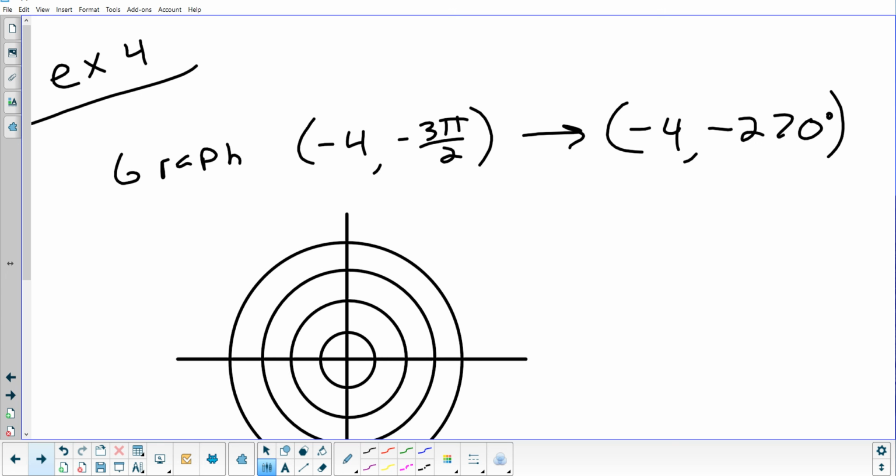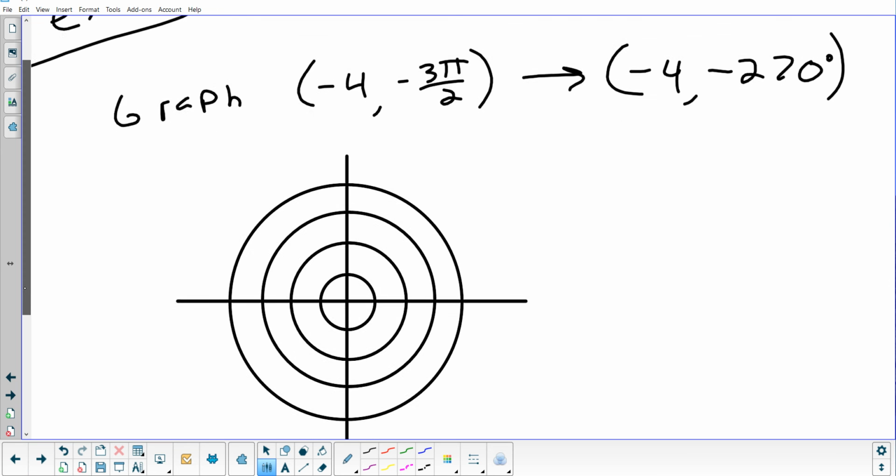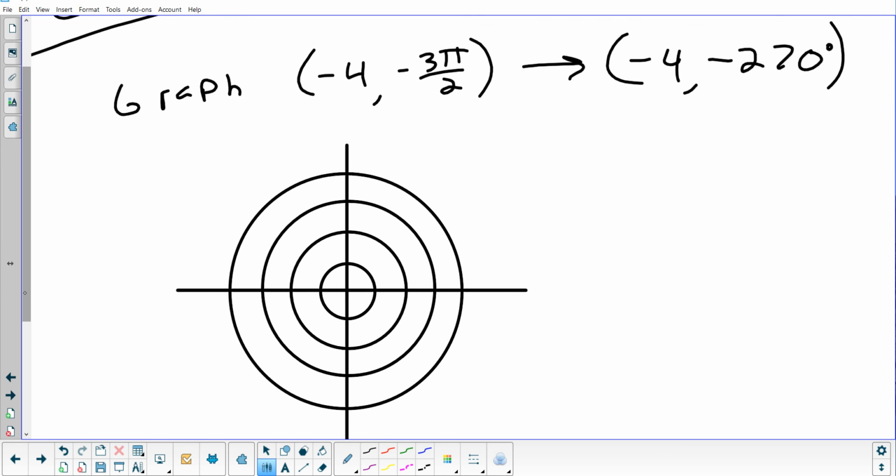Okay, let's graph it. So Tyler, what's my first step to graph that? Find the -4. How did you find the -4? Like, on the graph.